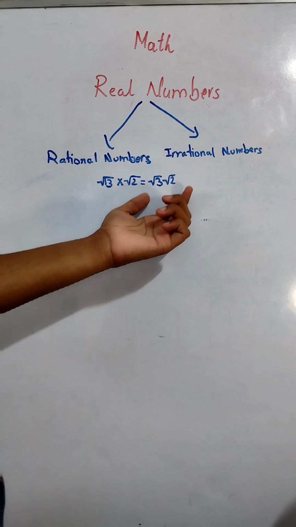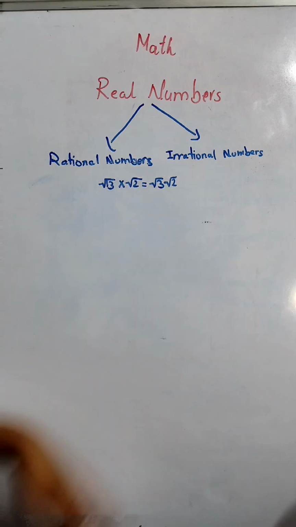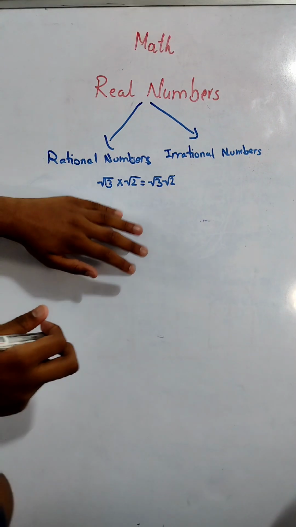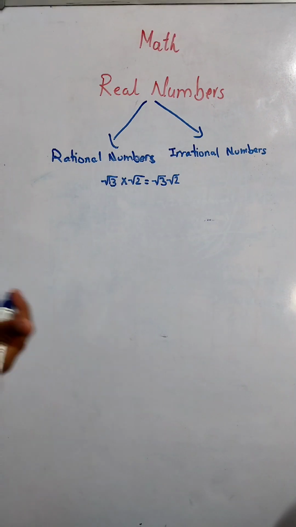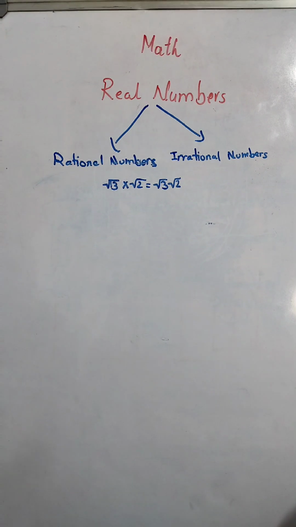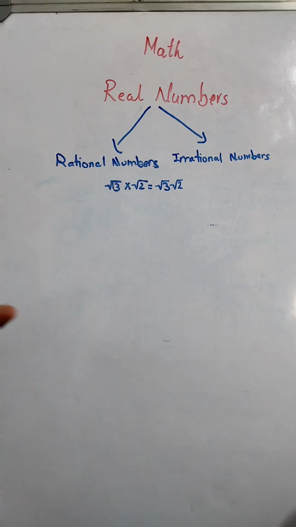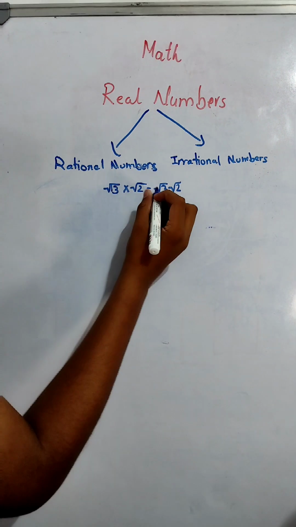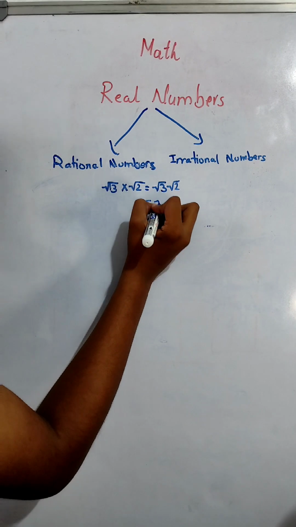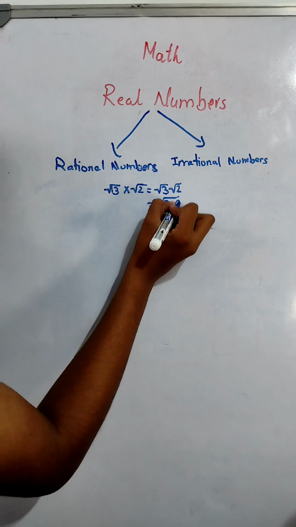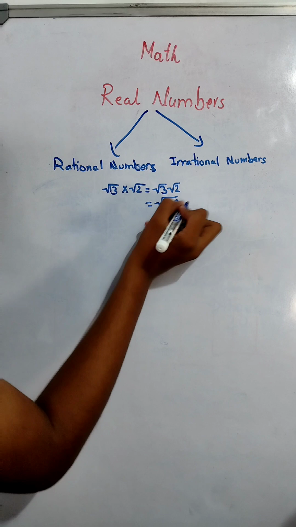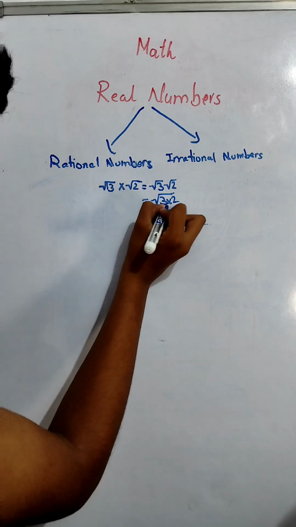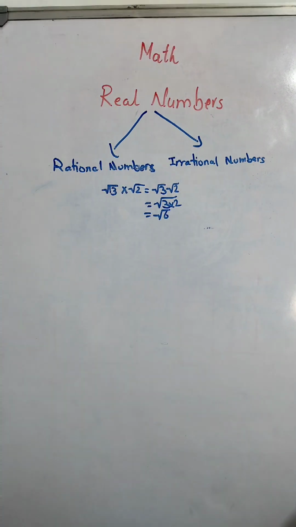The same way we can do it with these numbers. And whenever two irrationals which have a root are multiplied by one another, we can directly write root 3 into 2. And we can further simplify this as root 6.